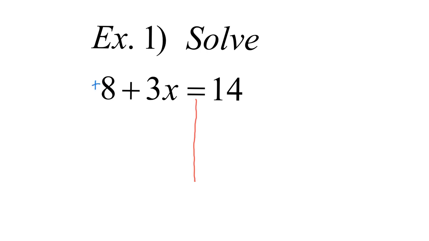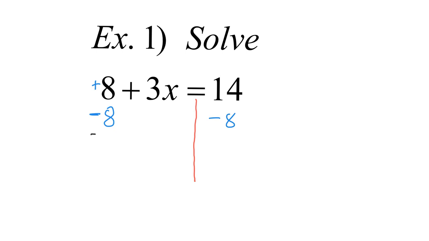So I'm going to do the opposite. I'm going to add the inverse, or use the additive inverse. Remember, that's just the opposite. So the opposite of positive 8 is negative 8. So I am going to subtract 8, and to keep that balance on the balance scale, whatever you do to one side, you have to do to the other side. So I'm going to jump to the other side of the line, and I'm going to subtract 8 over here, minus 8.